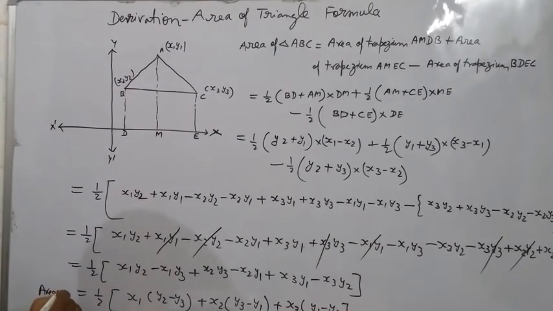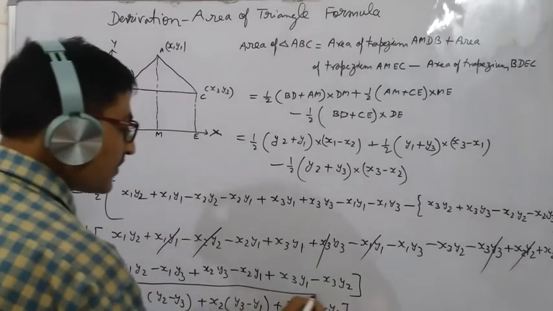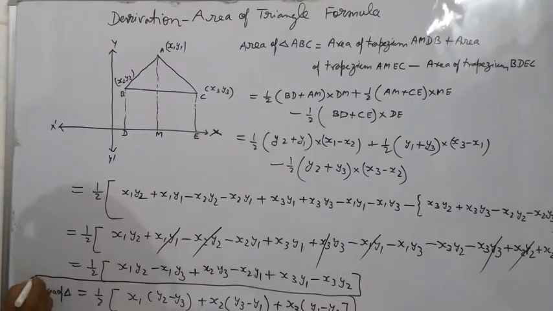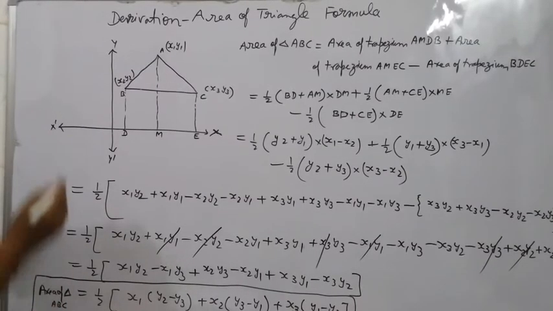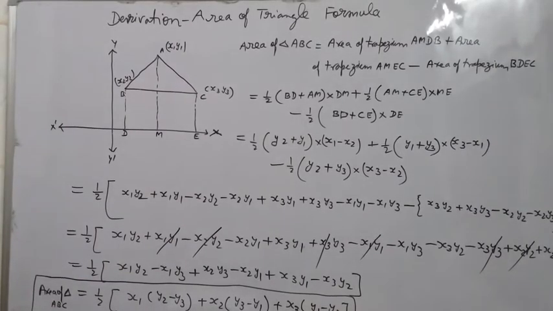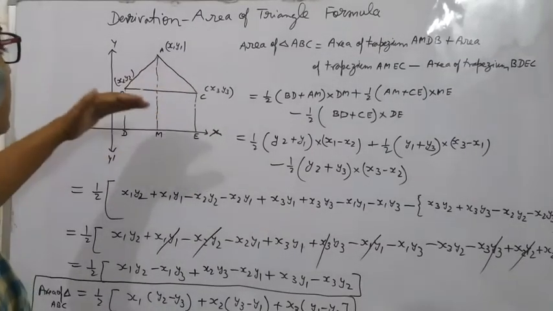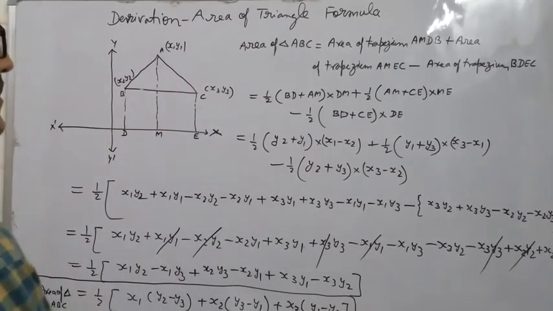Area of triangle, if the points are x1 y1, x2 y2, x3 y3, area of triangle ABC is this. In that way, different points will be there in different questions. So students, we have seen that we used the area of the trapezium: two trapeziums are added and one is subtracted, and we have got the area of the triangle.